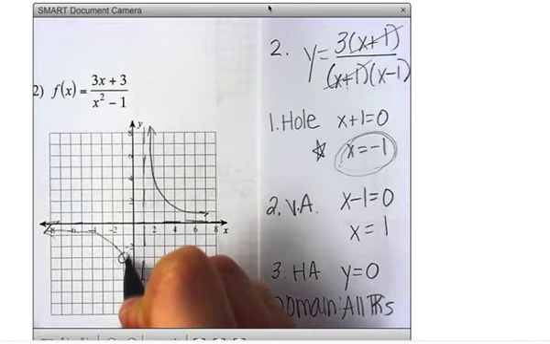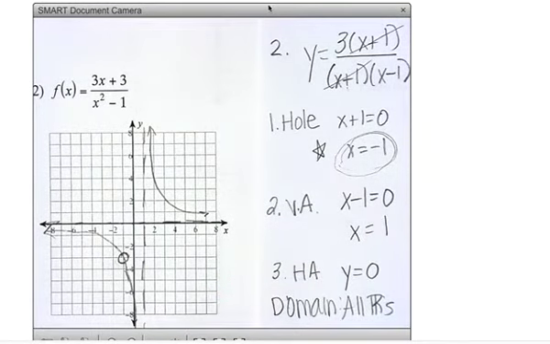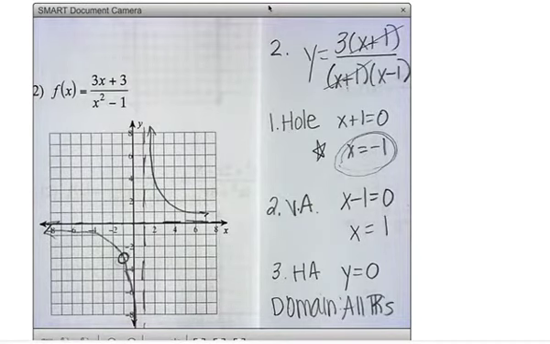Does that make sense? On yours, Julia, it might be somewhere different, but it should be under the x-axis anyway. So you just take that little piece out of what you just sketched. Does that make sense? I figured out what was wrong. I had put it in the equation. Okay, good. I mean, not good, but that's an easy fix. All right, any questions?